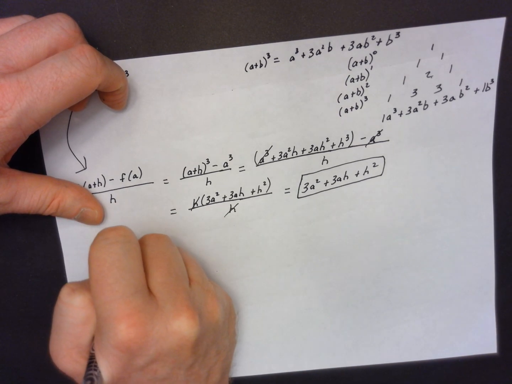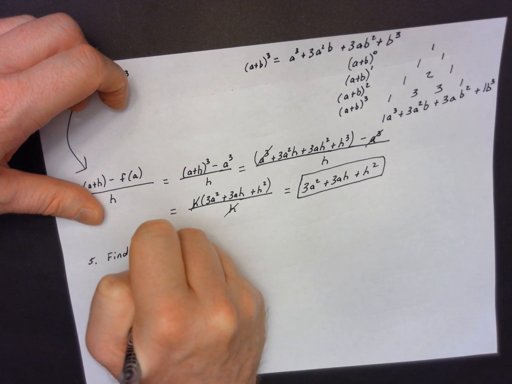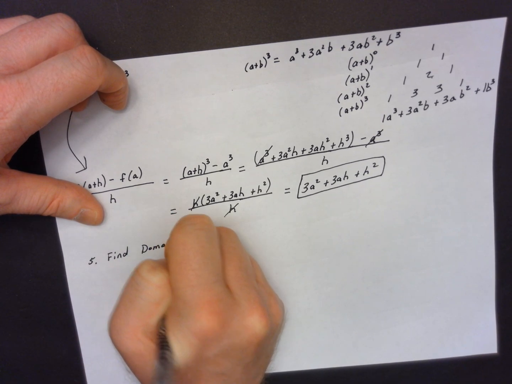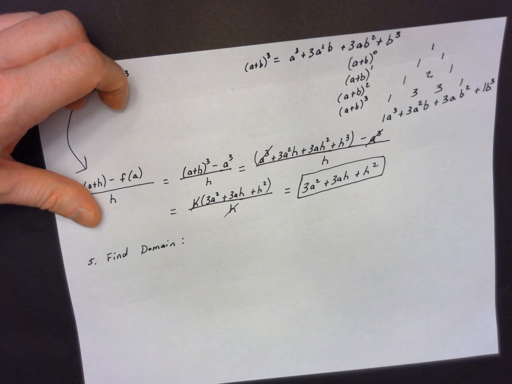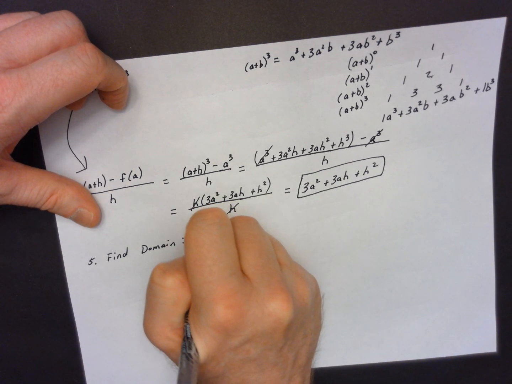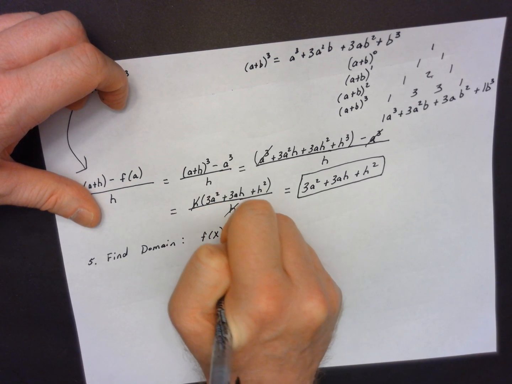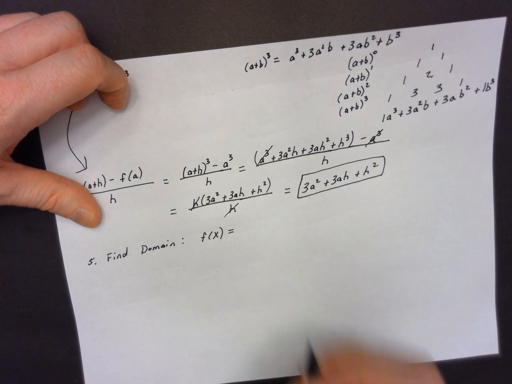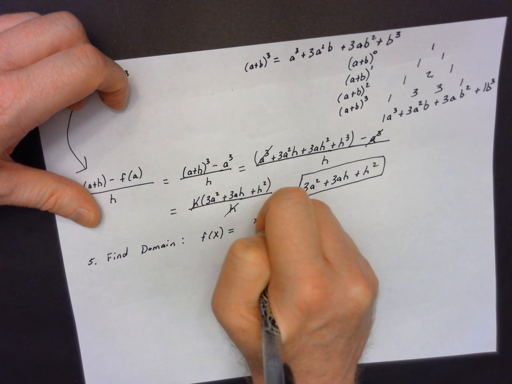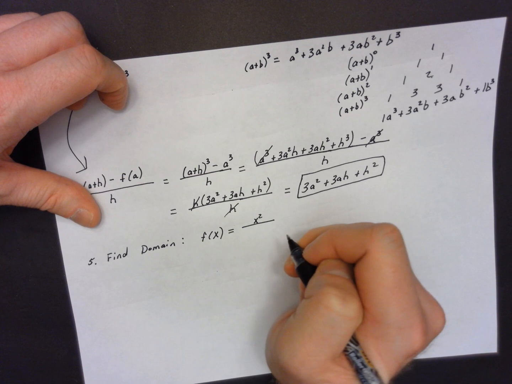The problem it gave me was f of x is equal to x squared over the square root of 6 minus x. Now, this is actually a very quick and very easy problem.